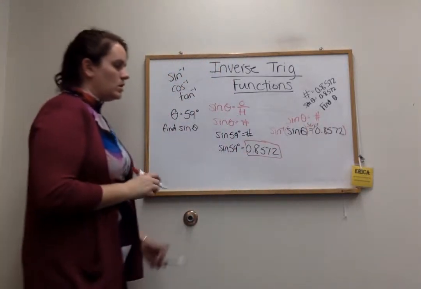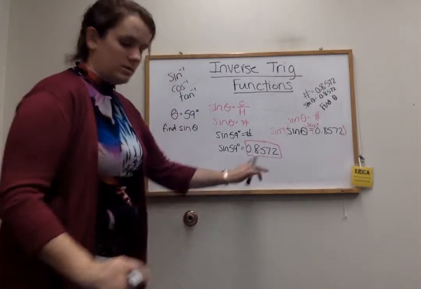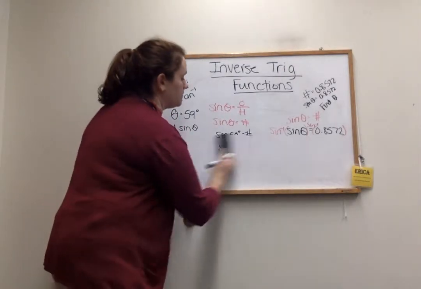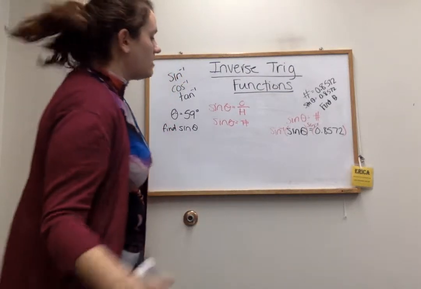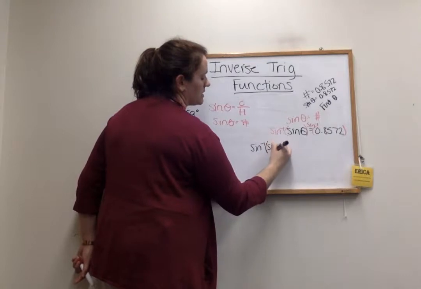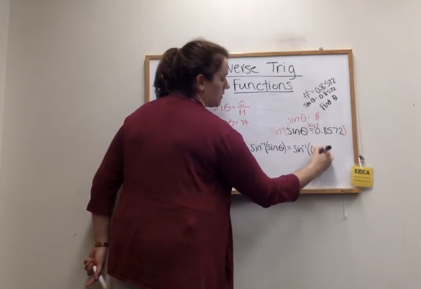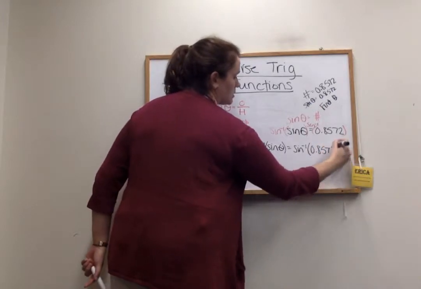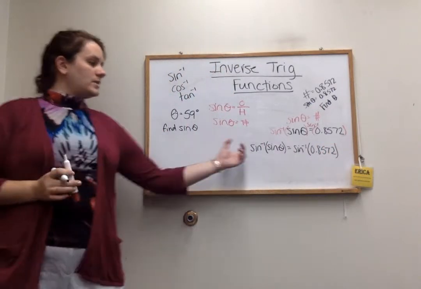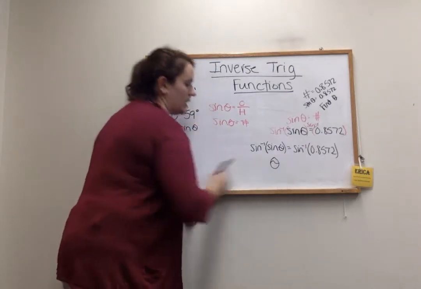Okay. So we have, let me just write this out here, and I'm going to erase this so I have some more room. We are at the point where we have the sine inverse of the sine of theta is equal to the sine inverse of 0.8572. Well, the sine inverse of the sine of theta is just theta.